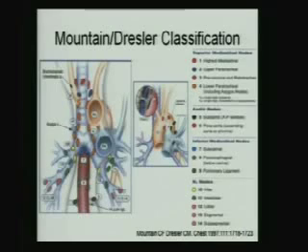To classify mediastinal lymph nodes, we follow the Mountain-Dresler classification that divides lymph nodes into stations. As seen on this figure, paratracheal lymph nodes are stations 2 and 4, and there's right and left. Subcarinal is station 7. Paraesophageal is 8, pulmonary ligament is 9. The subaortic and periaortic are 5 and 6.